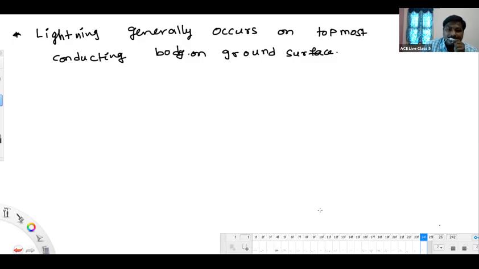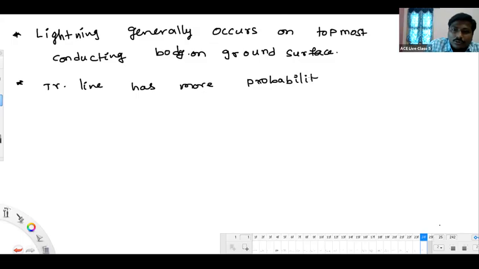It will be the transmission line. Why? It's not because of its height. It's widespread equipment on the ground surface. So I can say the transmission line has more probability of getting the stroke.